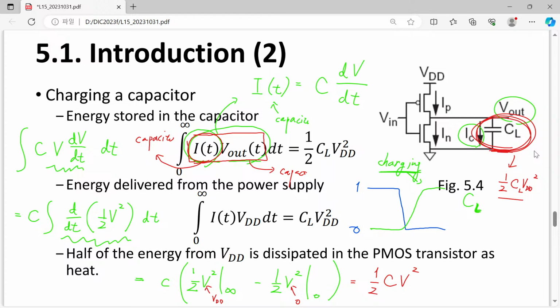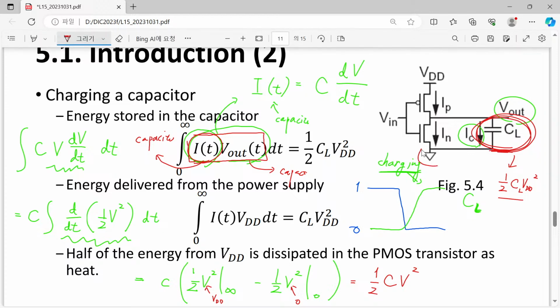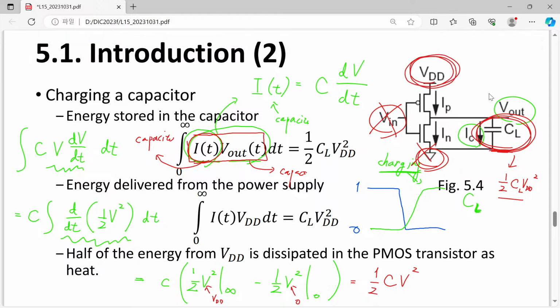Actually, who charges this capacitor? So ground or your beam? No, they do not charge this CL. The charging is done by your VDD. Your VDD supplies the current, and the energy is stored in this CL.